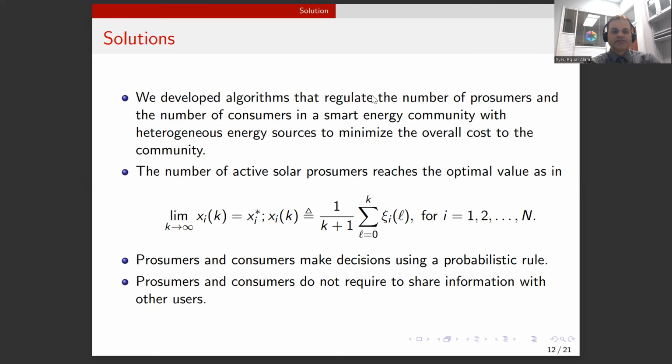They make their decisions based on a probabilistic rule, and they aim to achieve the optimal values over long-term averages as mentioned in this equation. Here we denote that the limit as k tends to infinity of x_i^k equals x_i star, where x_i star is the optimal value, and we define the averages as x_i^k. Similarly, we can write for y_j^k and z_u^k.